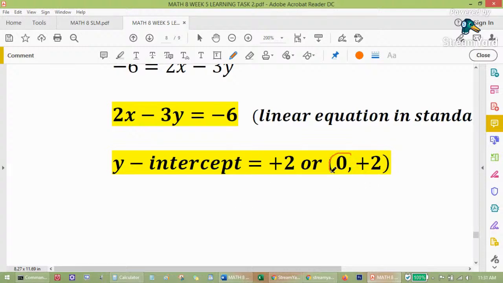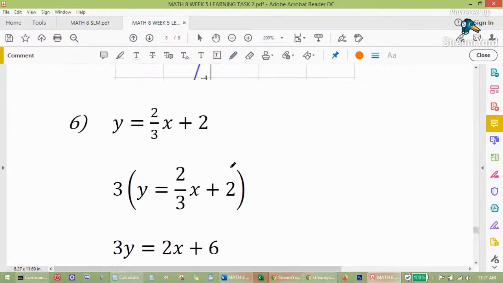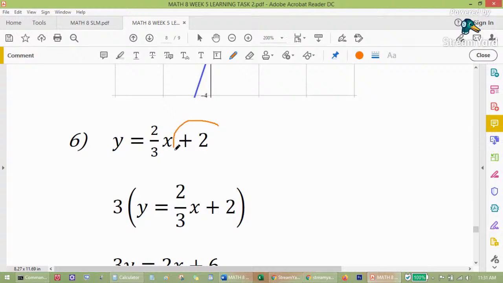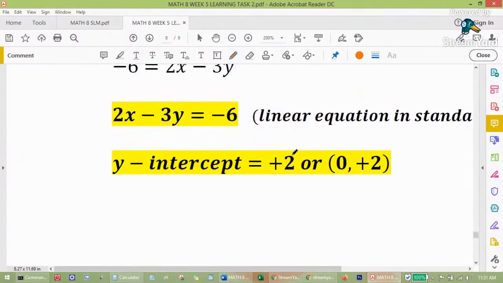And then x is always 0. Pag sinabing intercept, yung isang axis is 0. So again, saan nakuha tong positive 2 na to? Ito, the y-intercept, positive 2. And then, bakit naging 0 to? Palaging 0 ang x kapag hinahanap natin ang y-intercept.